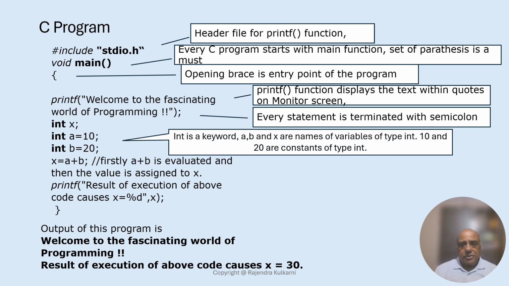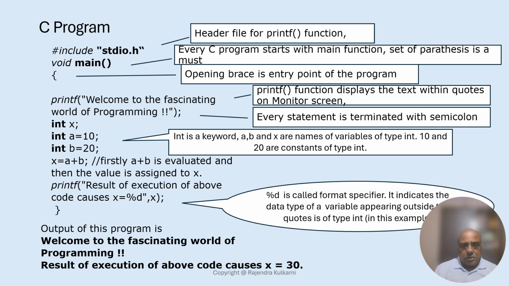Int is a keyword. A, B and X are names of variables of type int. 10 and 20 are constants of type int. %d is called a format specifier. It indicates that the data type of the variable appearing outside the double quotes is of type int.